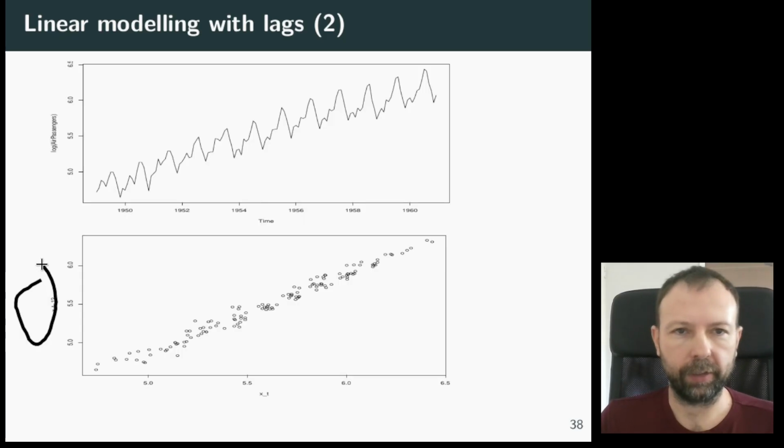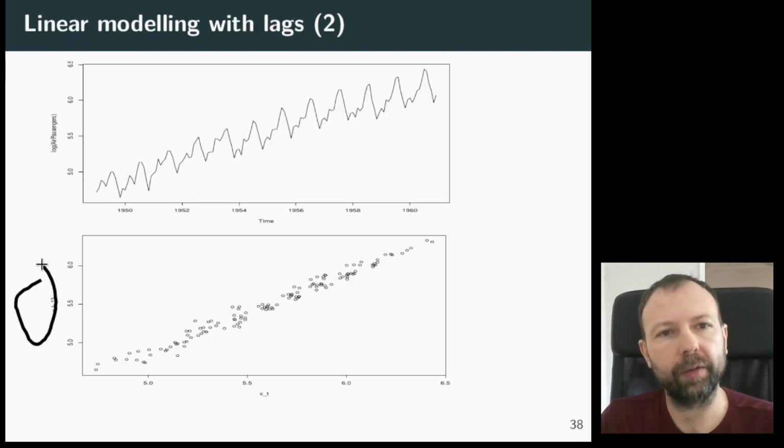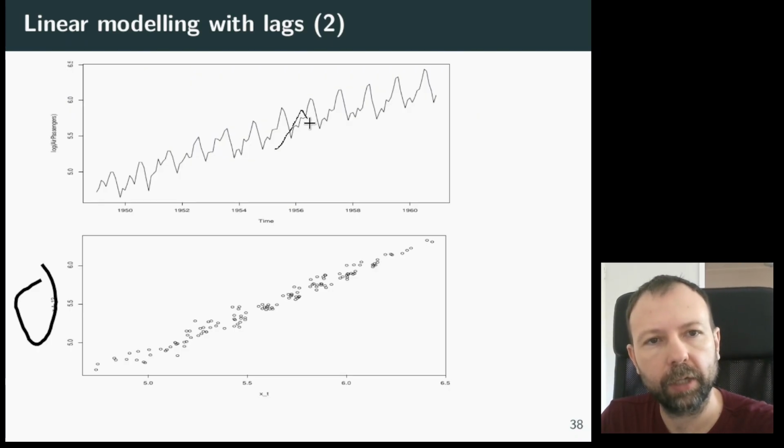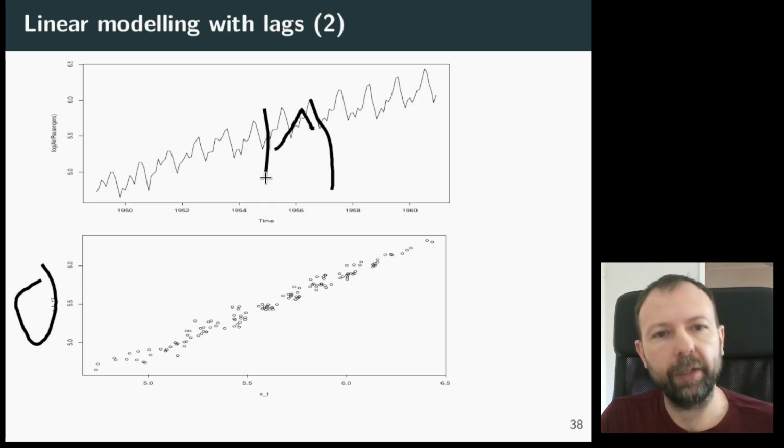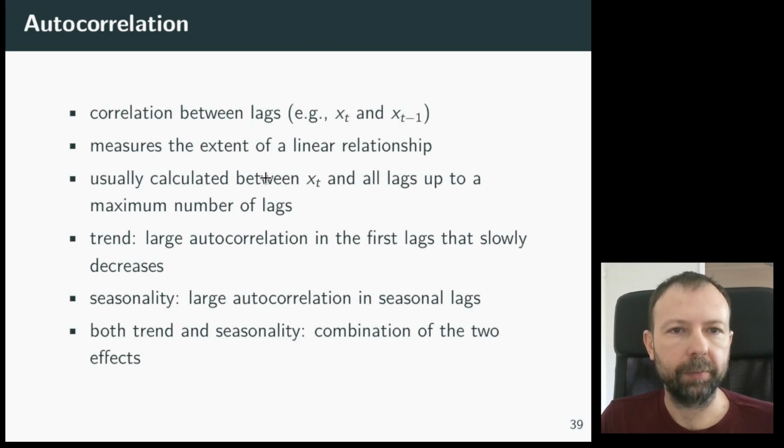I said before that this series is a monthly series and it has this yearly seasonality. So this shape here is always kind of 12 months. Again, here we see this linear relationship between the two that could be used for forecasting.